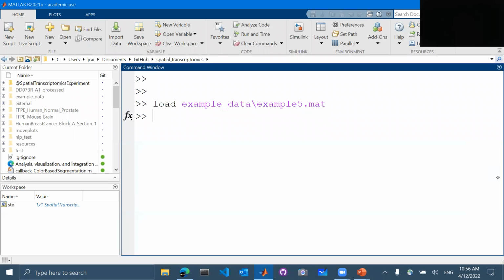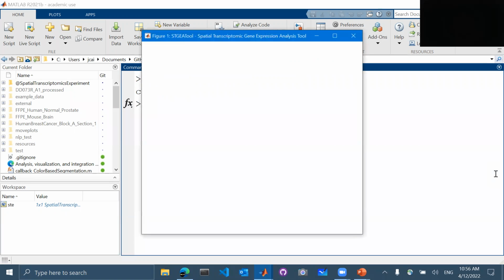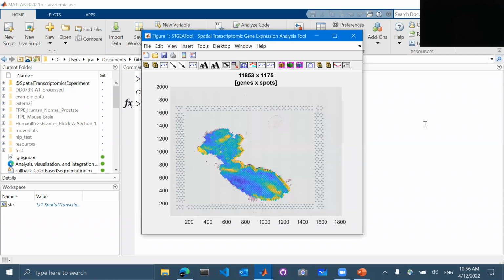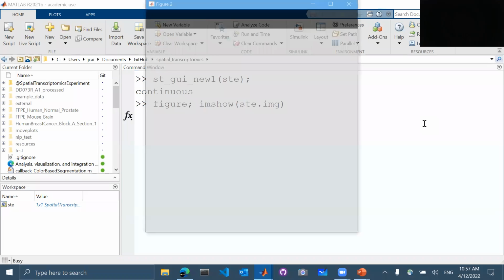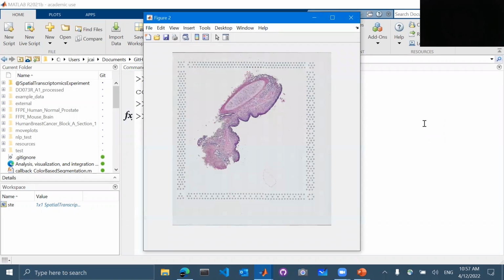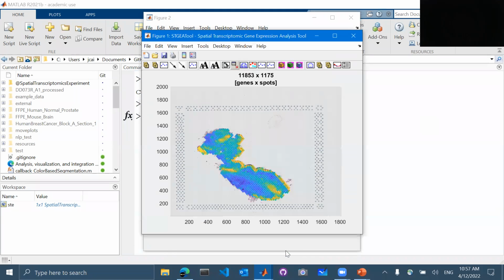So I'm loading example data here. So here is one of my tissue slides. Just rotate a little bit.